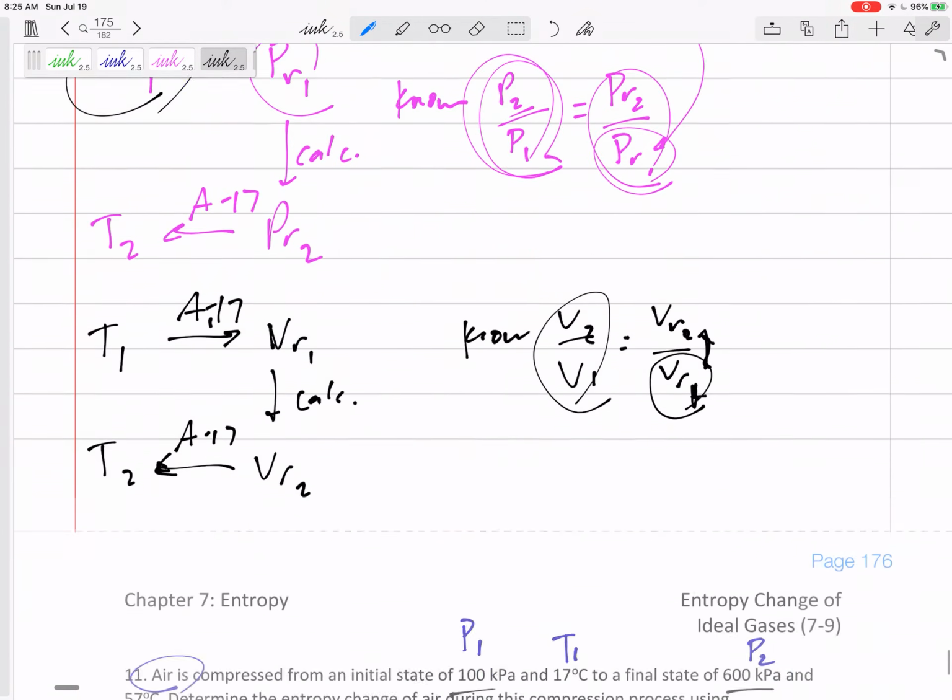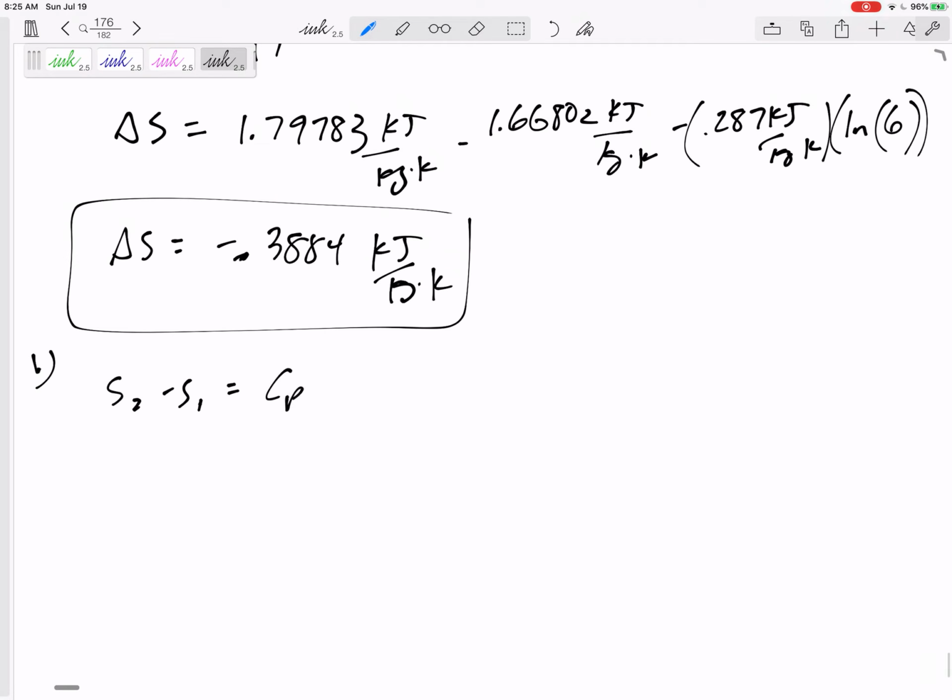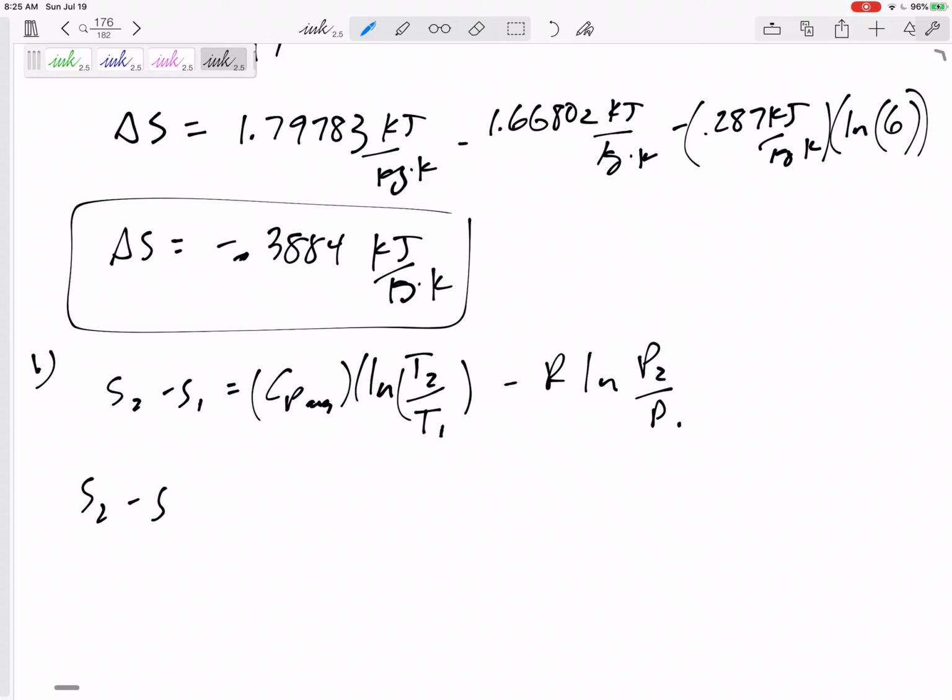This would be Cp at the average temperature, natural log T2 over T1, minus R ln P2 over P1. So I'll say delta S, change in entropy, equals. All right, so I would go to table A2, at what temperature? Should I do the temperature at 290 that I started at, or at 330 that I ended at, or the average temperature, 310 Kelvin?